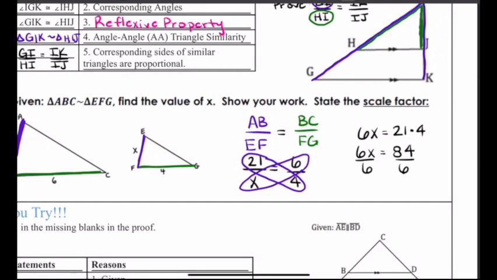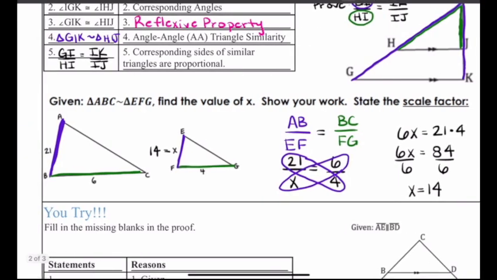Divide both sides by 6. So that x equals 14. x equals 14, okay? And they want us to state the scale factor. So remember, to state the scale factor, just divide.